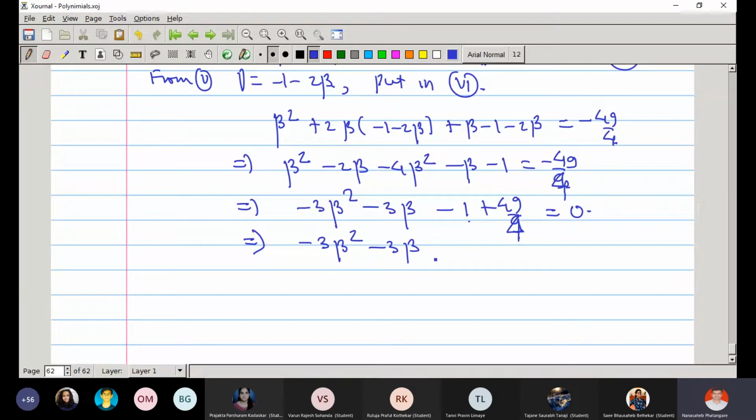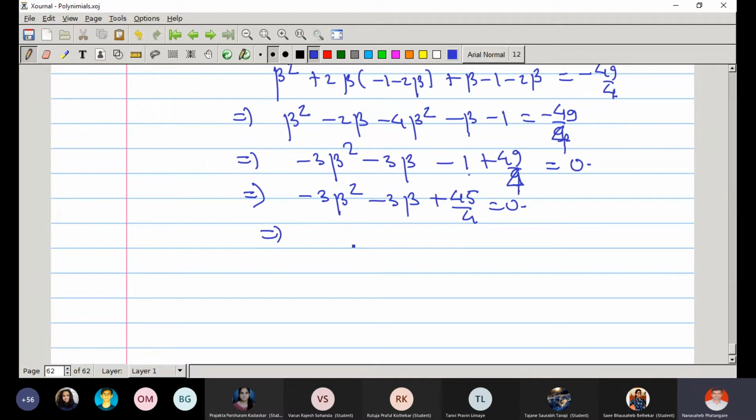Right. Now simplify this so that we can find roots. This is a quadratic, so minus 12 beta square minus 12 beta plus 45 is equal to 0.